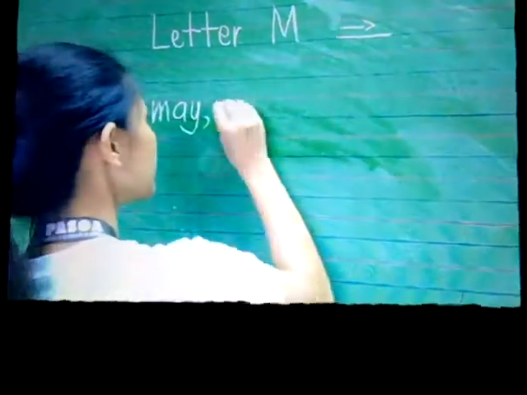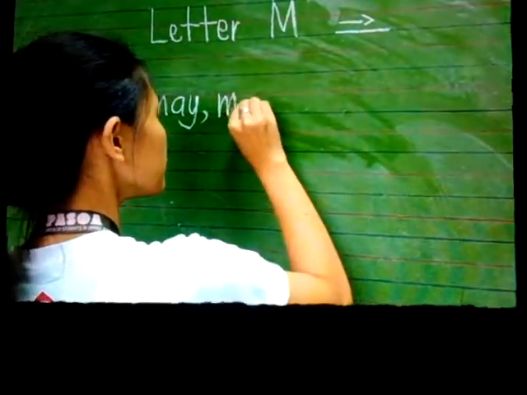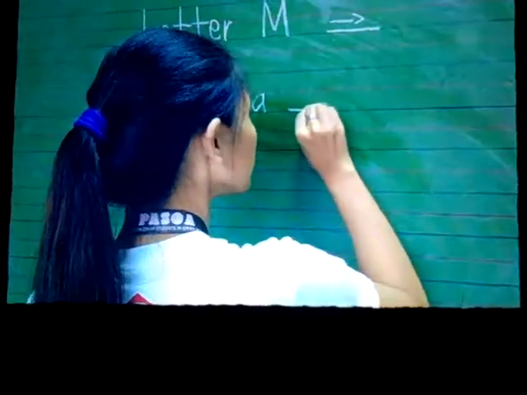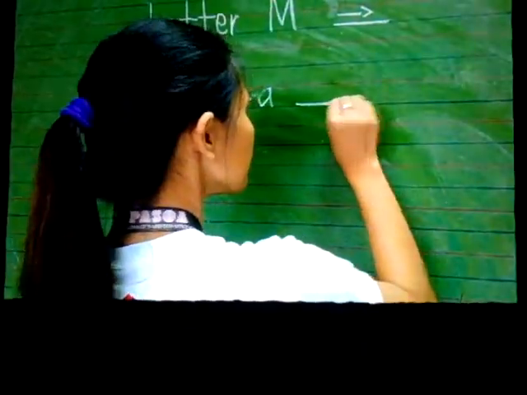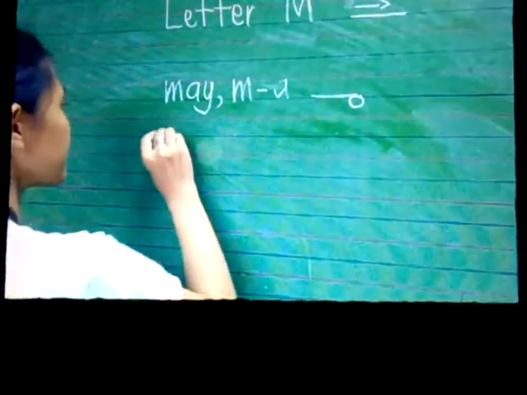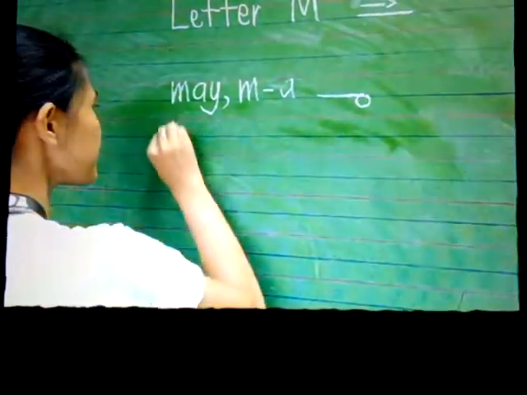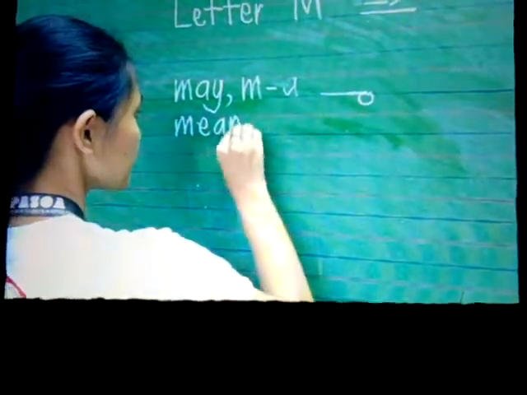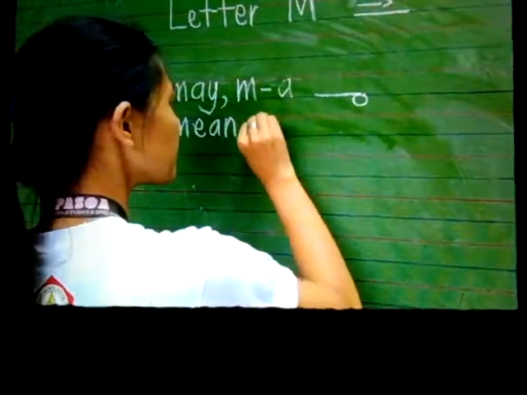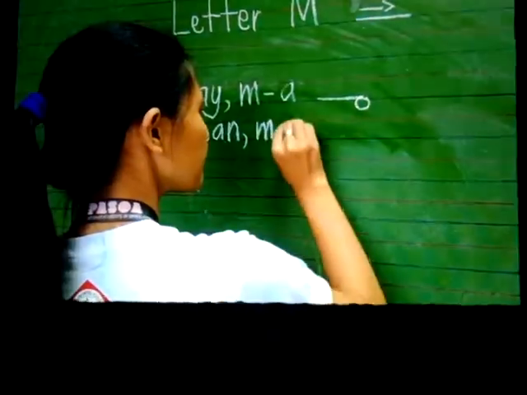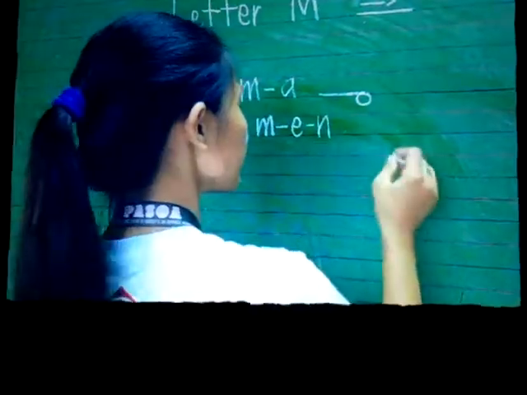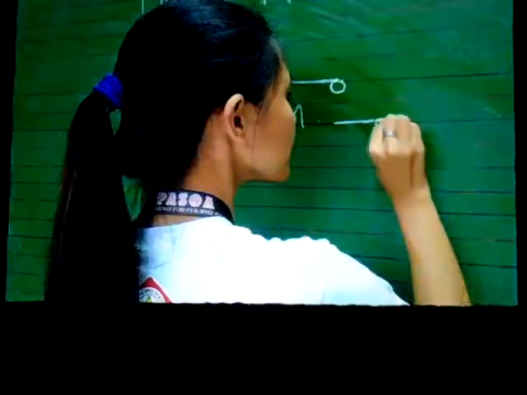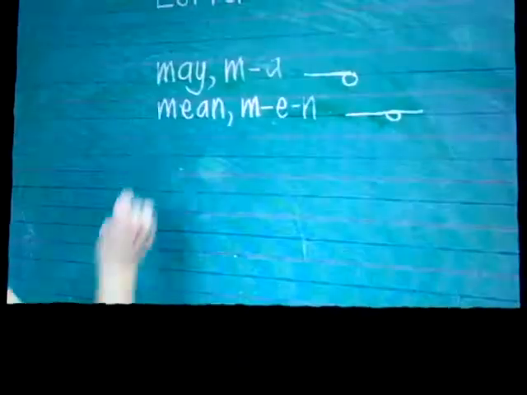May is represented by the letter M and letter A. So the stroke for this are the shorthand letter M and letter A. Next is the word mean. Mean is represented by letter M, E, and letter N. So, the stroke for this are the shorthand letter M, E, and letter N.